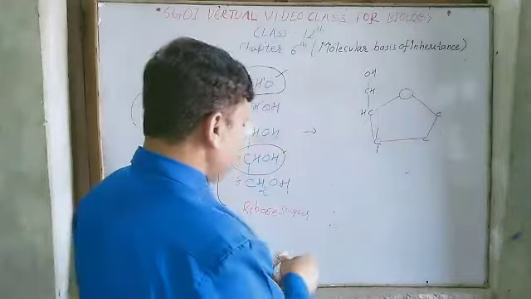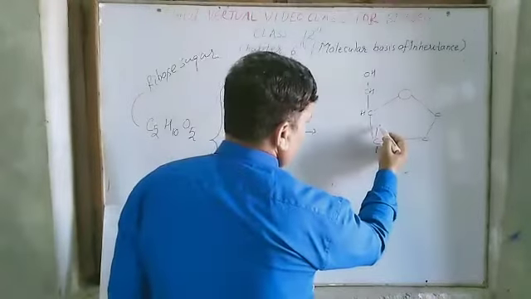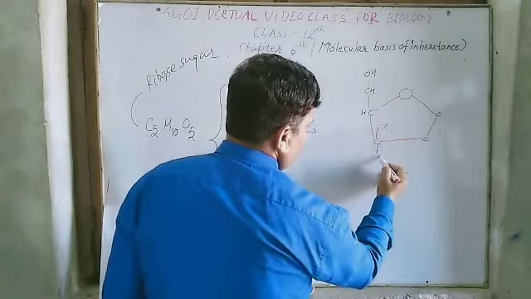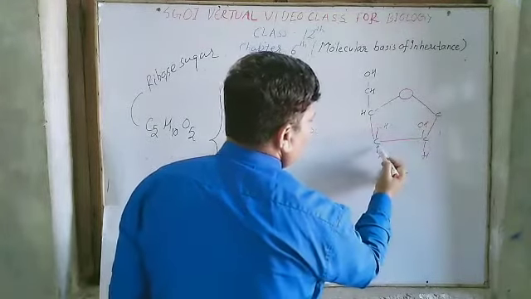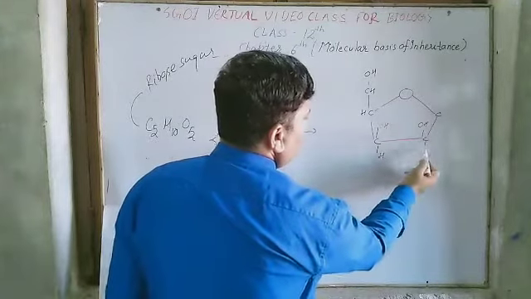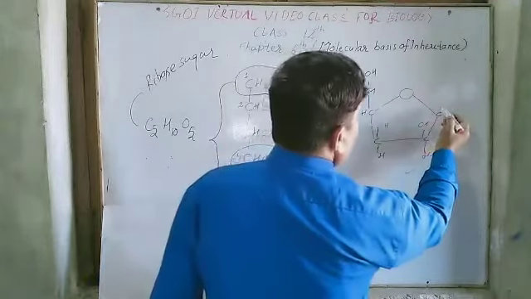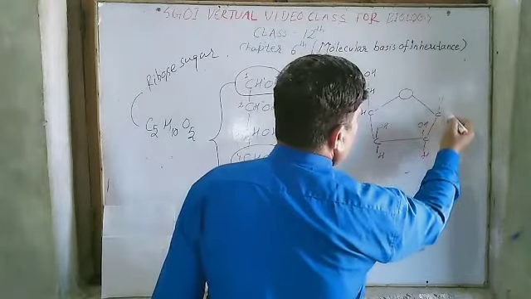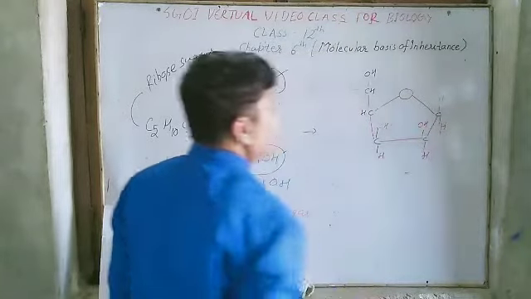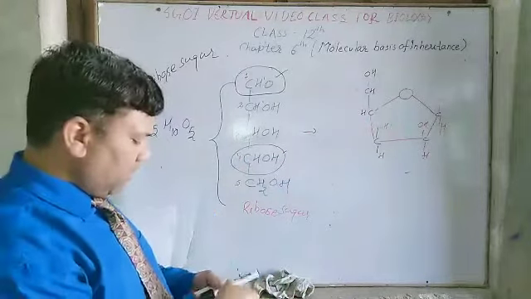This can be drawn like that. OH and H. Valency of carbon 1, 2, 3 and 4, and this also has H and H. So this is the cyclic structure of ribose sugar.